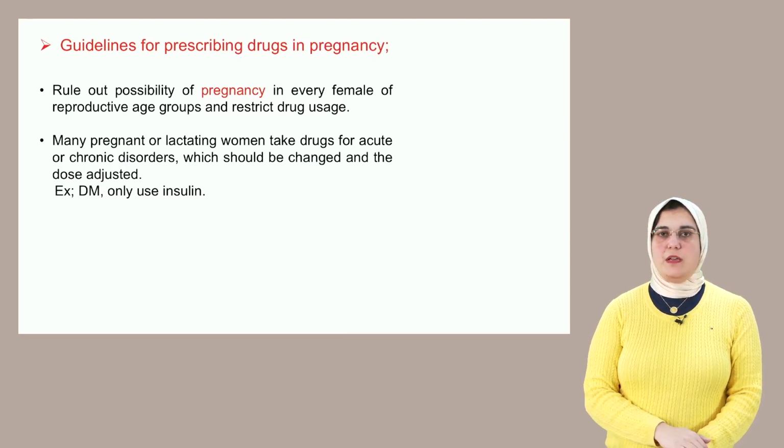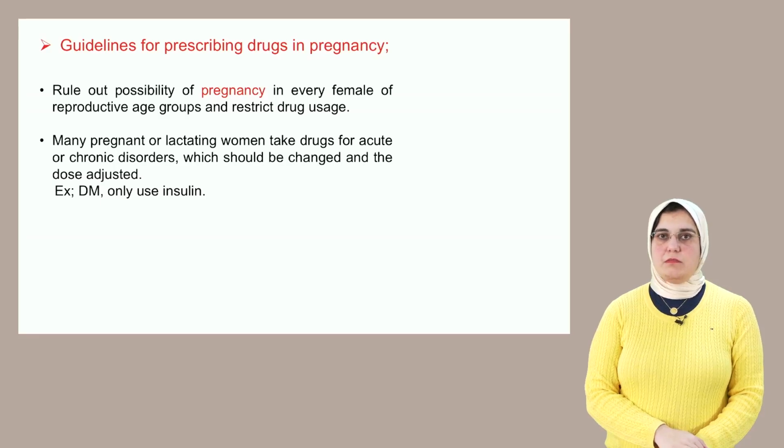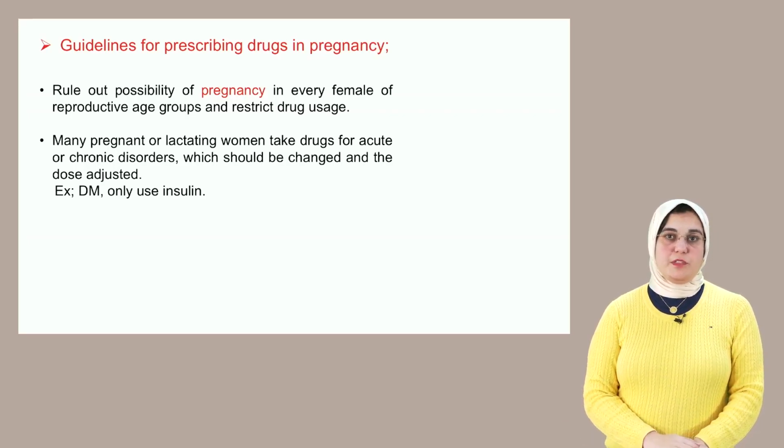For example, a lady has diabetes and is taking oral anti-diabetic drugs. But if she gets pregnant, these drugs are teratogenic. She cannot continue oral anti-diabetic drugs. She must shift to insulin. So as a follow-up for drug prescription, you always have to ask your female patient whether she is pregnant or not.